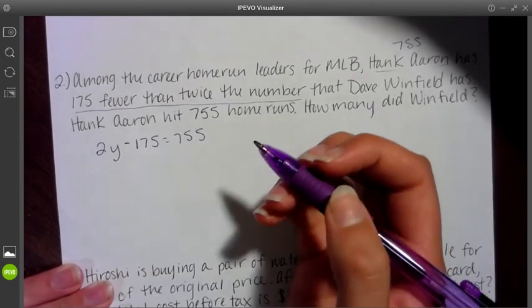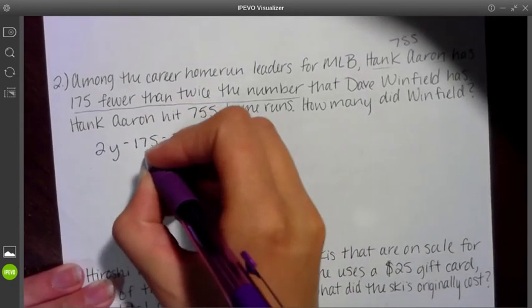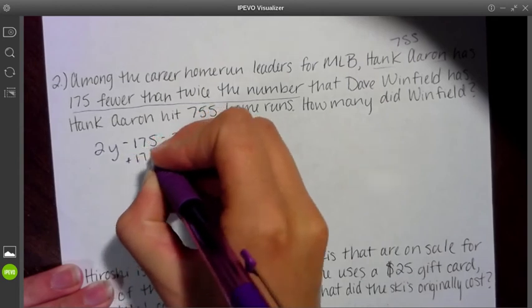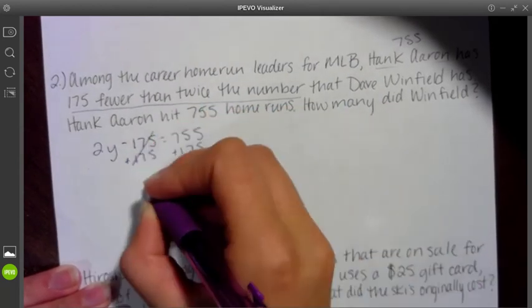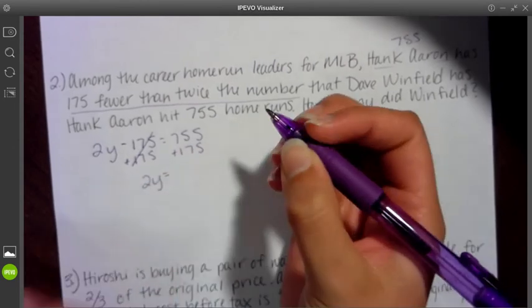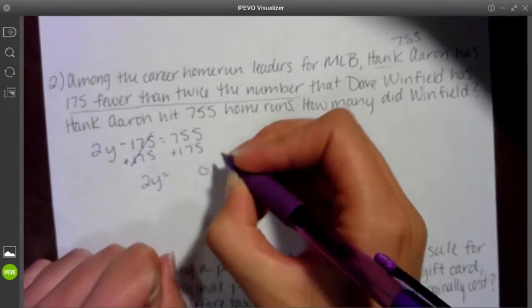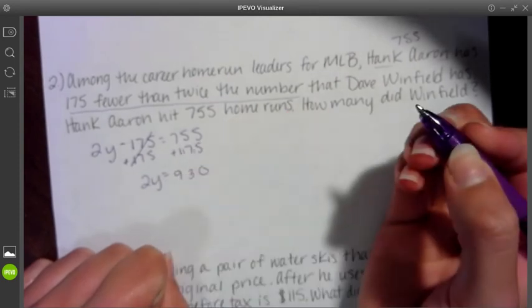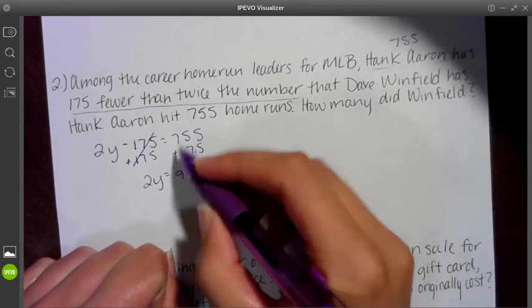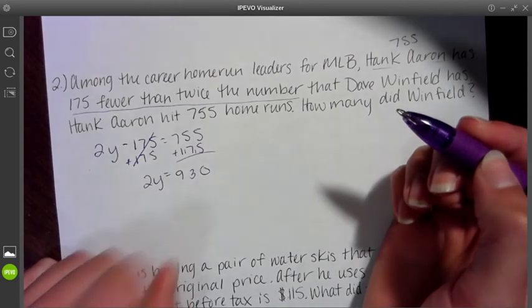So PEMDAS backwards. We're subtracting 175, so I'm going to add 175, and I'll do it to both sides. That'll be 0, and I get 2y over here. Let's add those up. 930. Let me know if I did my math wrong, but I just added those up.